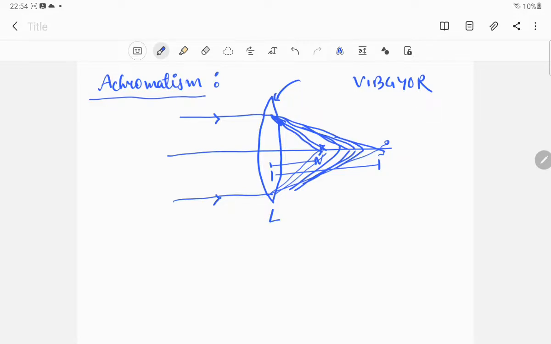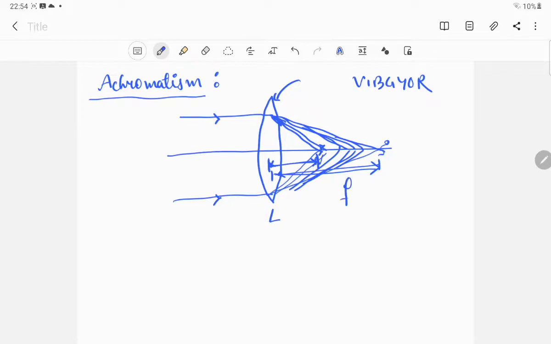So chromatic aberration is a defect of a lens because of which it is not able to produce a single image for a single white object. So the image becomes colored and blurred. That is the problem with chromatic aberration. So what we have got to know is that you have a different focal length for violet and a different focal length for red.